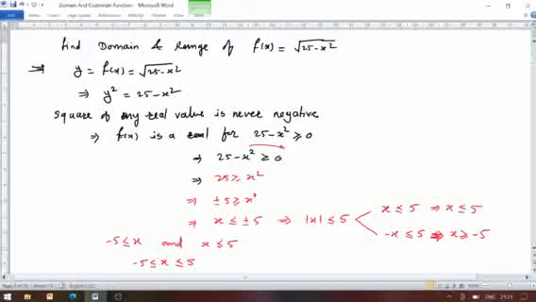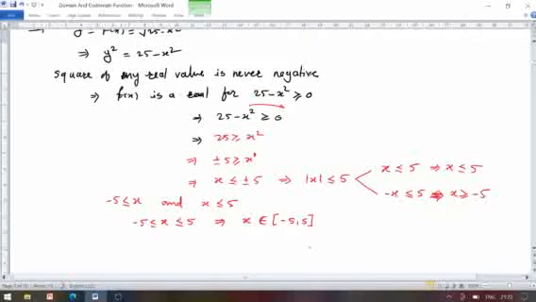So the domain, the value of x in terms of an interval, belongs to the closed interval minus 5 comma 5. So for the given function the domain of f is the closed interval minus 5 comma 5.